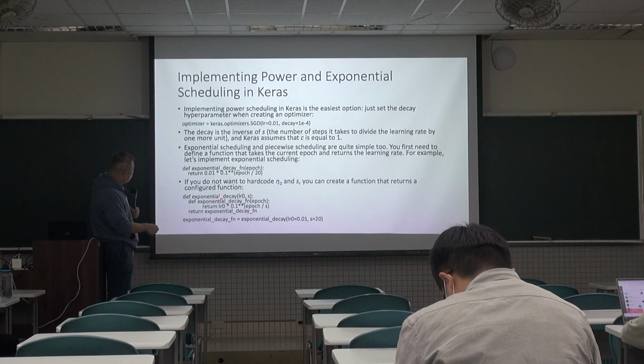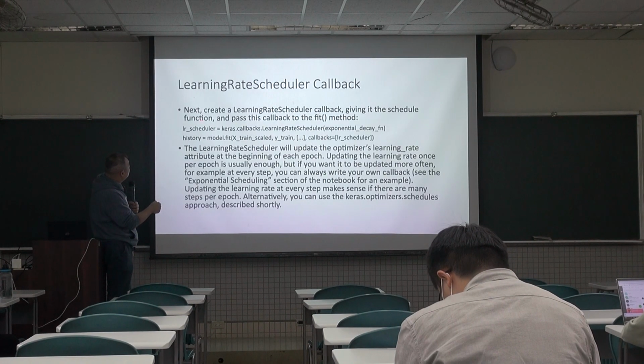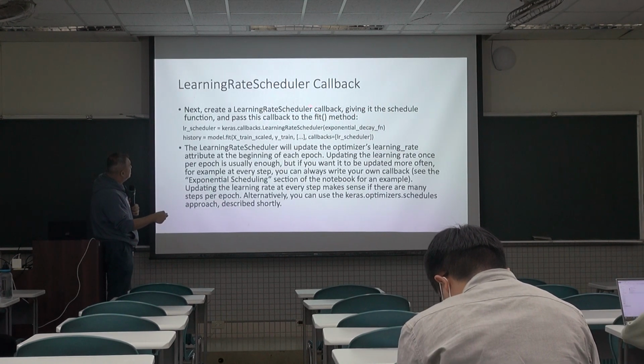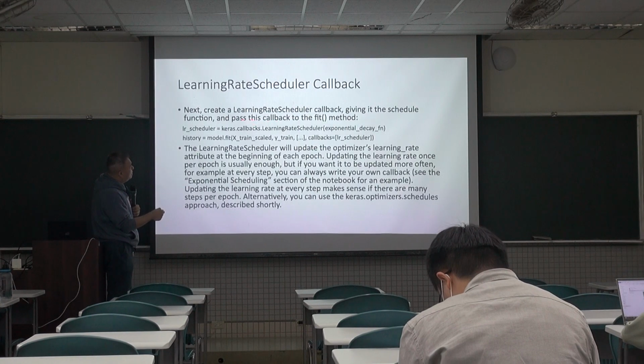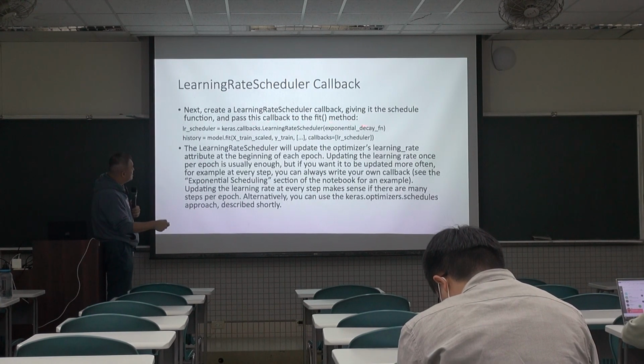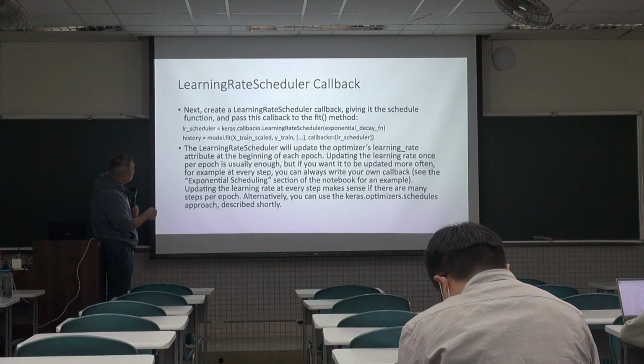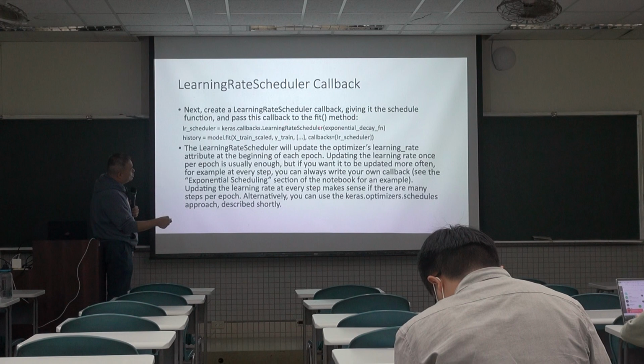And then with this function, we create a learning rate scheduler callback. We give this callback that scheduling function and pass this callback to the fit method. So it's something like this: the learning rate scheduler object is this callback, LearningRateScheduler, and we pass this function here.